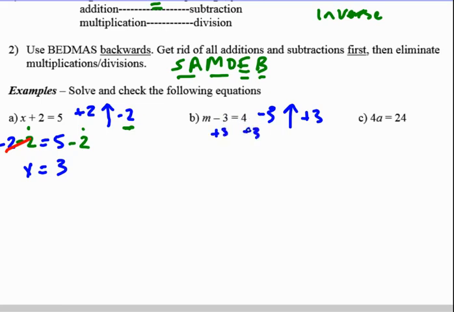If you watch a Khan Academy video, which I really recommend if you're ever stuck, or you need some tutoring, the Khan Academy website, khanacademy.org, is really good. They always show this by doing a vertical addition. So the m would have nothing to add to, so the m would continue. -3 plus 3 would cancel itself out.